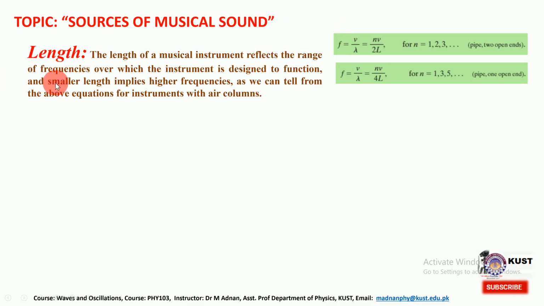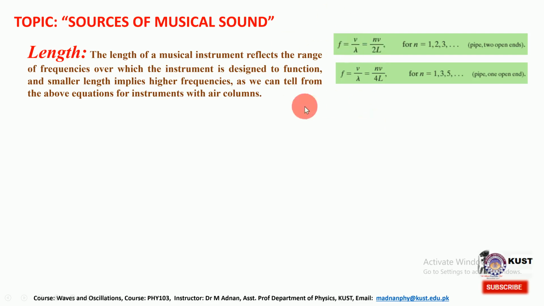And smaller length implies higher frequencies, as we can see if we divide by a smaller number, the frequency will be large. If we divide by a large number, the frequency is smaller, so mathematically it is clear.